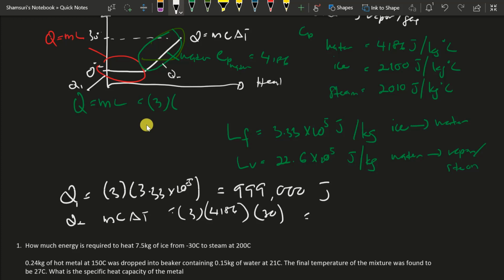So we get 376,740 joules. The Q total, the conversion from ice to water at 30 degrees, is about 1,375,740 joules.